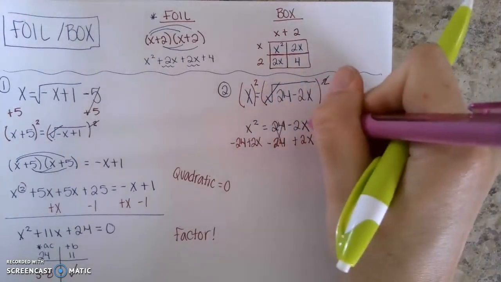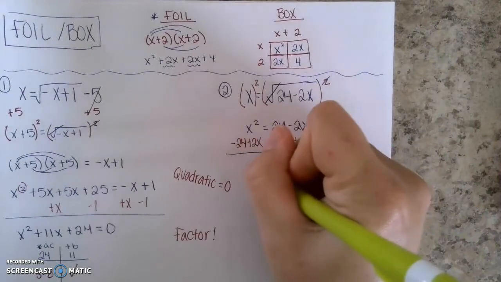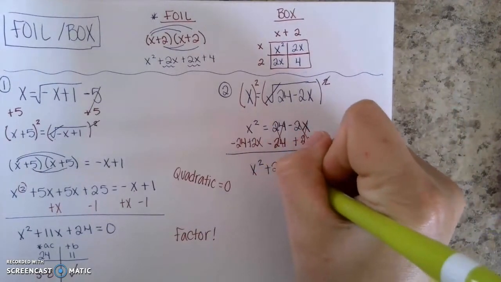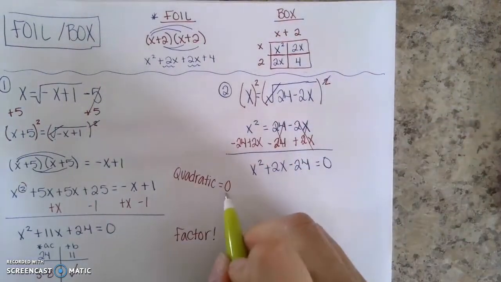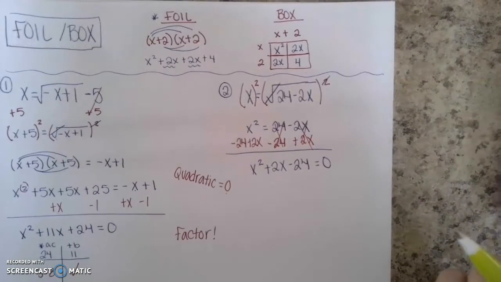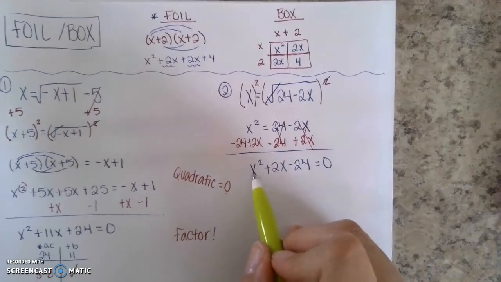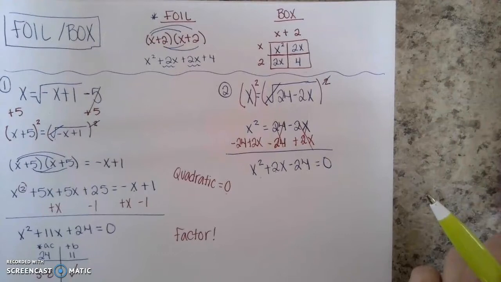So these are going to cancel over here. And my new equation that we get is x squared plus 2x minus 24 equal to 0. So this is now our quadratic that we have set equal to 0. And if you put them in a different order, that's okay. I just put them in standard form because I know it's going to help us with our next step here for factoring.